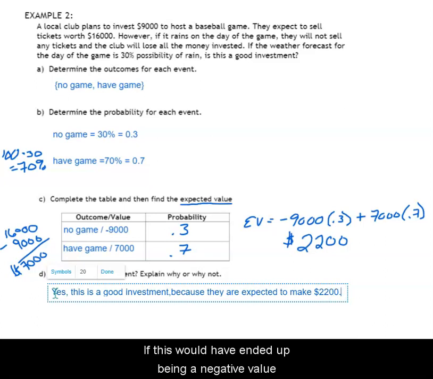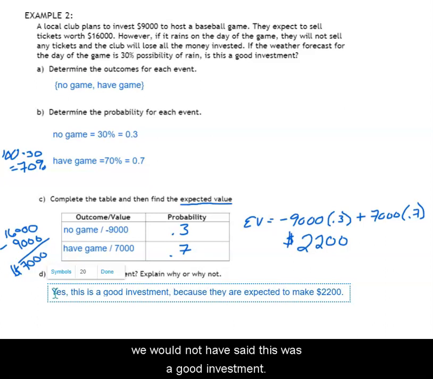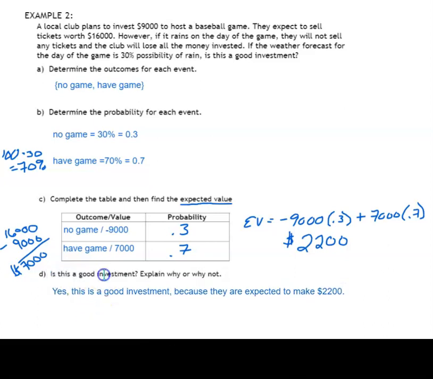If this would have ended up being a negative value, we would not have said this was a good investment. It would have been a bad investment because they would be expected to lose money over time.